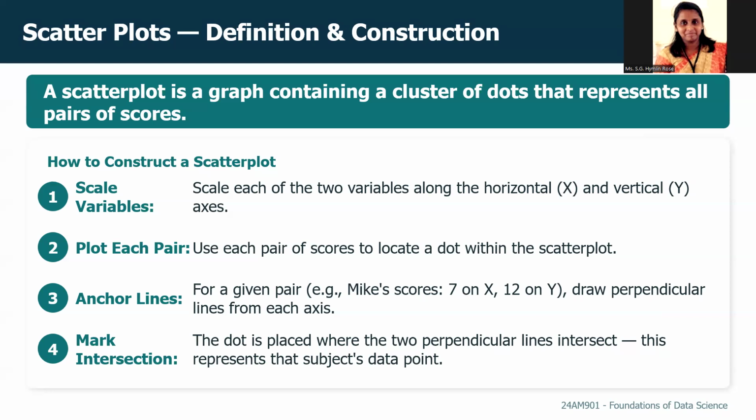For a given pair, say a score of 7 on X and 12 on Y, draw a perpendicular line from each axis. The next step is to mark the intersection. The dot is placed where the two perpendicular lines intersect. This represents the subject's data point.